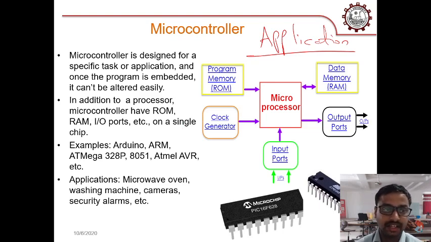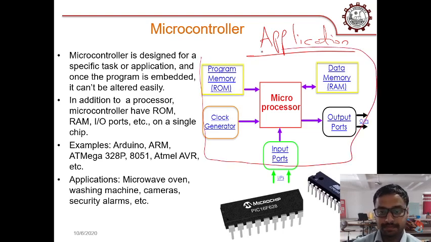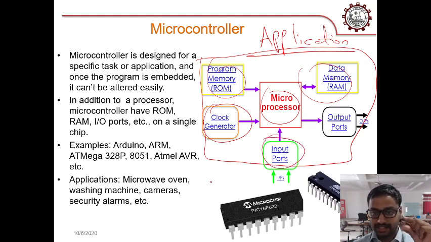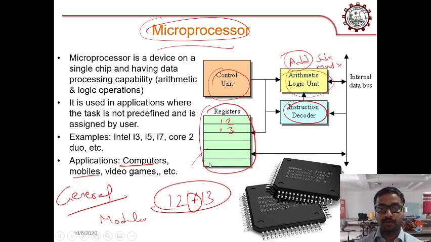Do you ever see upgrading a RAM in your mobile phone or upgrading a RAM in your washing machine? No, we don't get that chance because they all come on a single chip. So it means a processor, RAM, ROM, your clock, input output ports, all of them come on a single chip, which is completely different to a microprocessor based system.